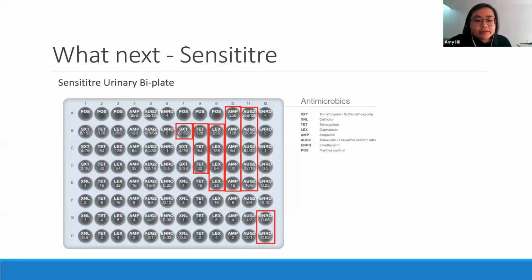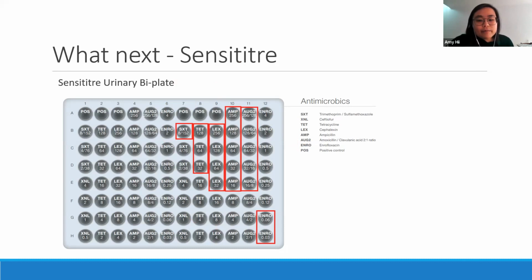We've ordered 3 different plates: the urinary plate, the companion animal gram-negative plates, and the companion animal gram-positive plates. So each isolate will be run on the urinary plate and either the gram-positive or the gram-negative plate, depending on their gram staining. And the urinary plates can actually run 2 isolates on each of them.